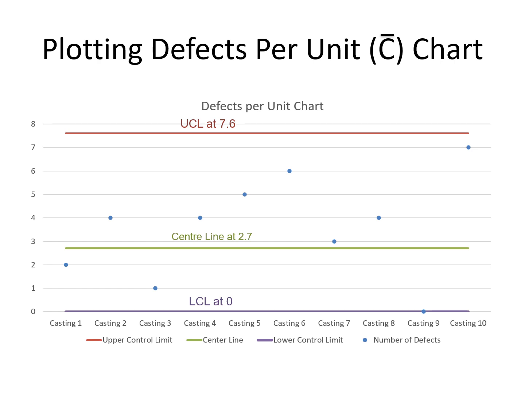And what we find here is that actually all the data, all the numbers of defects, are well within the range. Of course, the last one is almost touching 7.6. It is 7 defects. So the process is under control. This is how we plot the chart.